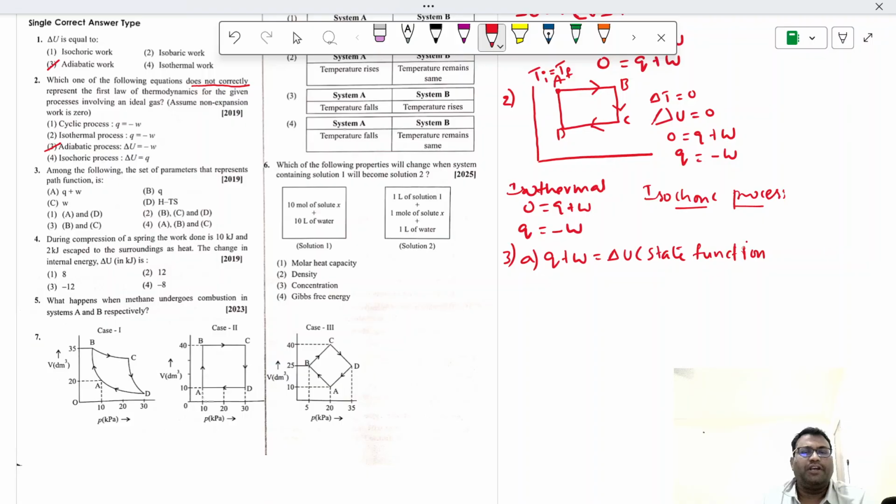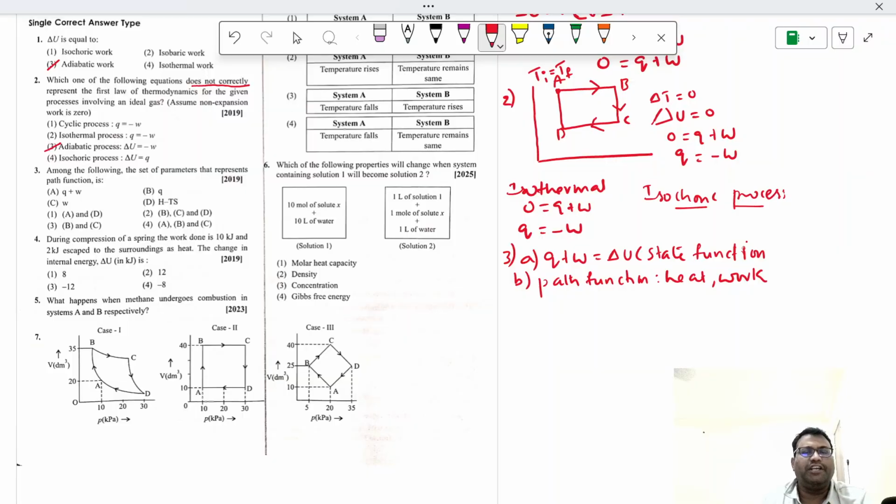I already said that path functions are two. Two important path functions we have to remember: heat and work. See, B is Q. Q means heat energy. C is W, work. So B and C are correct.